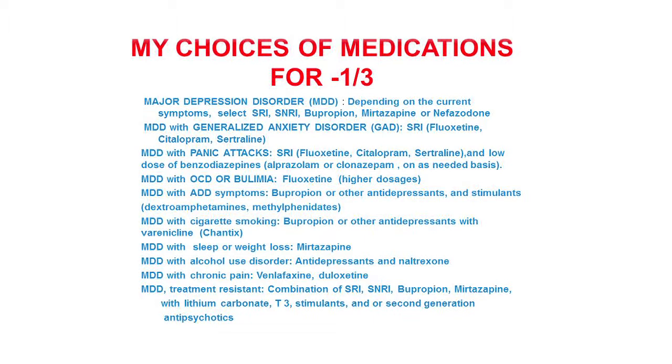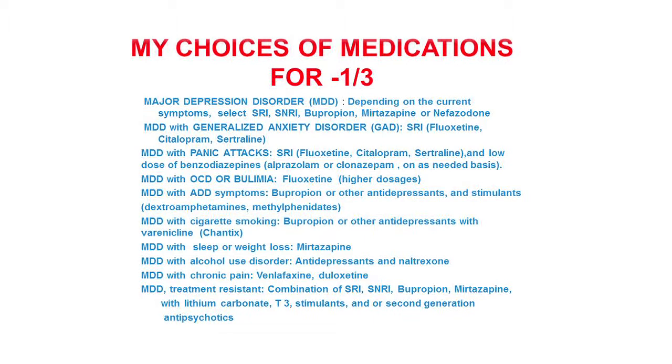Likewise, if a person has major depressive disorder with cigarette smoking or nicotine dependence, bupropion is my first choice, and if there are other medications to be selected, I do discuss with them to start on Chantix or varenicline. And for a patient with sleep or weight loss, mirtazapine is my first choice.